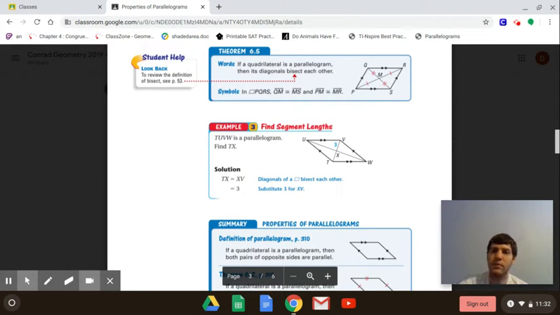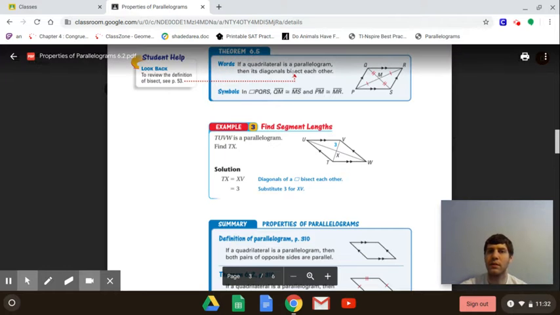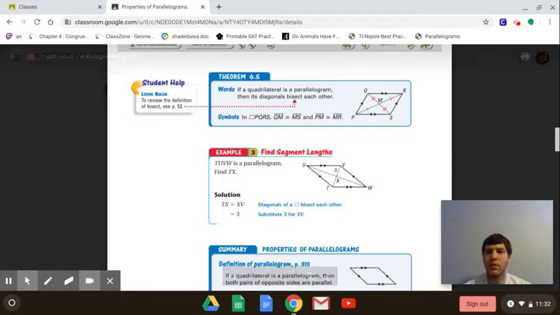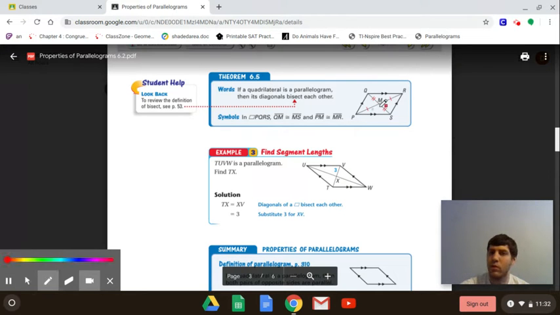All right, that's 3 of the 4 properties, and the last one is just about as easy as the first one, except this one we're going to say the diagonals bisect each other. So if a quadrilateral is a parallelogram, then its diagonals bisect each other. The diagonals are the pieces that go from one corner to the other. So PR is a diagonal and QS is a diagonal.